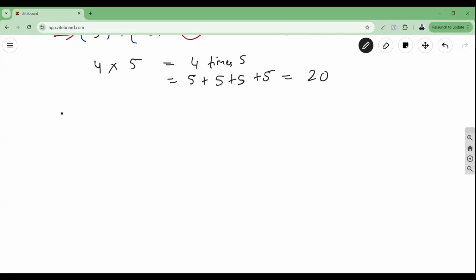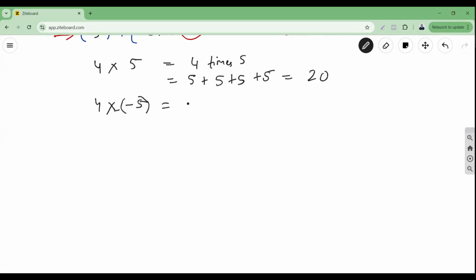Now, instead of positive integers, what happens if I have a negative integer? Let's take 4 multiplied by negative 5, instead of a positive 5.